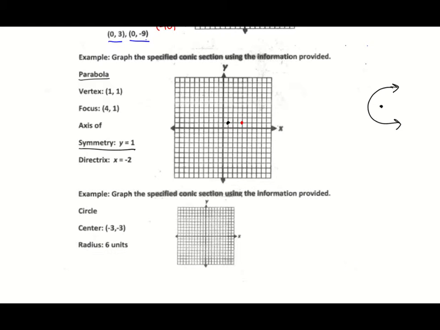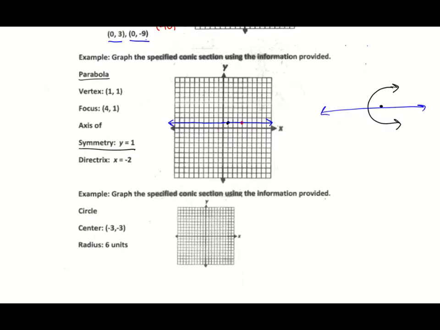So if I go to y equals 1 right here, my axis of symmetry is a straight line going through y equals 1, anywhere that y equals 1. So again, that tells me my axis of symmetry is going this way, so my parabola is going to look something like that. Then the last thing is my directrix, x equals -2.